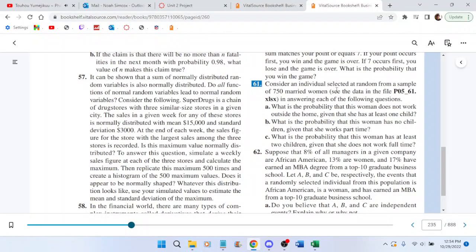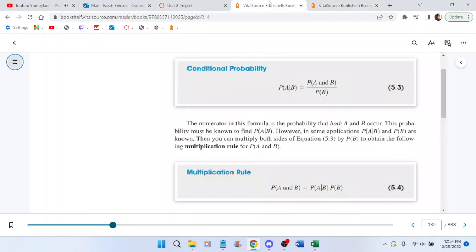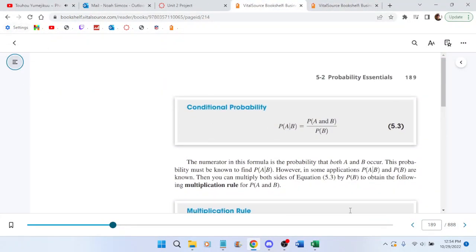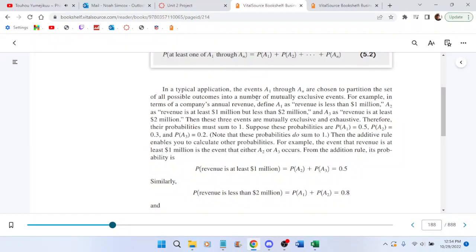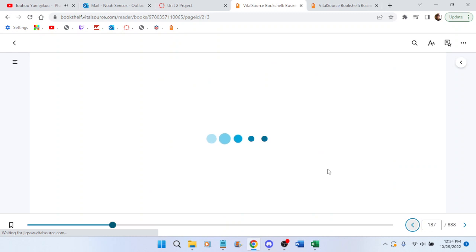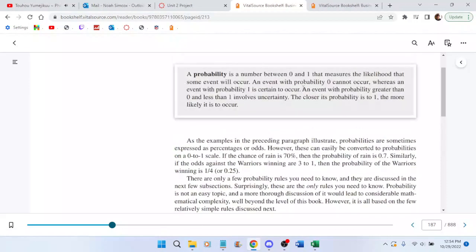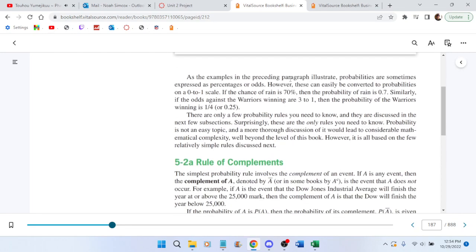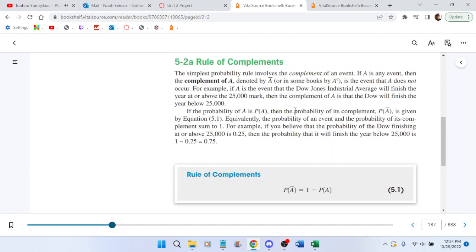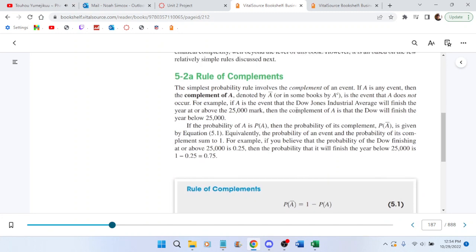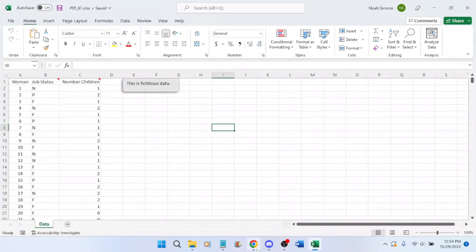Probability that this woman does not work. Wait just a minute here. Right. What are we asking here?